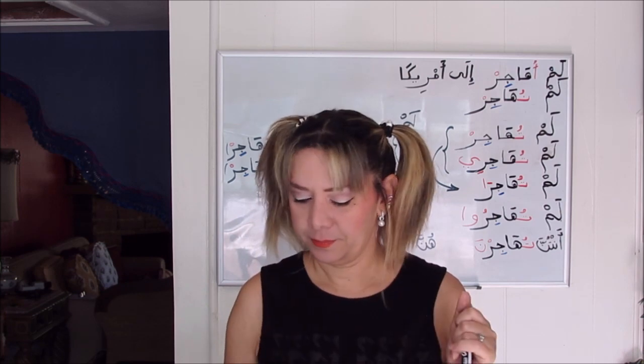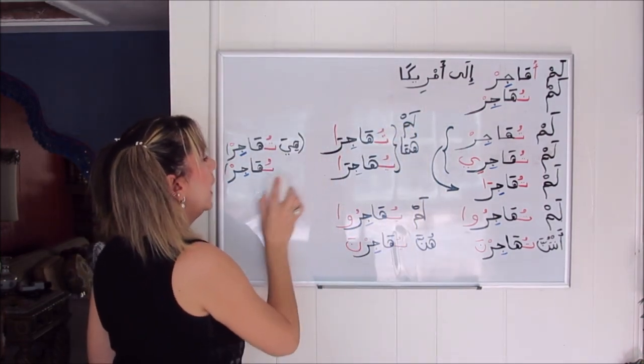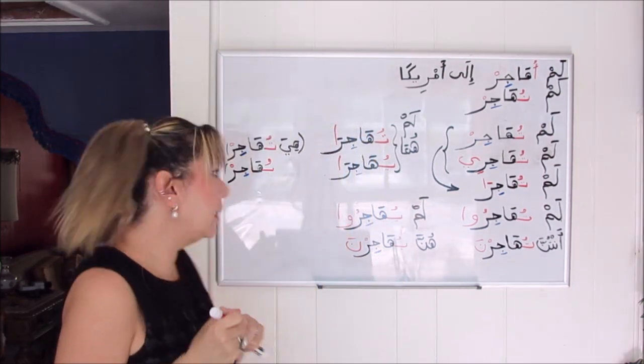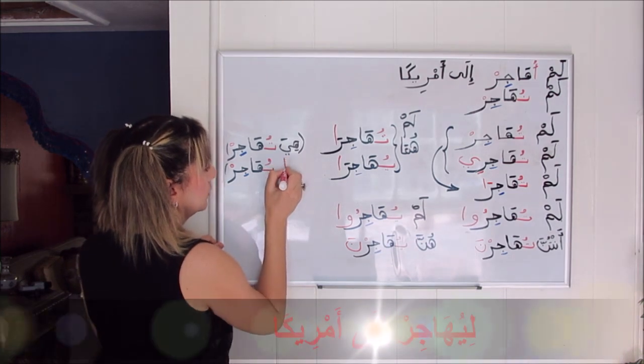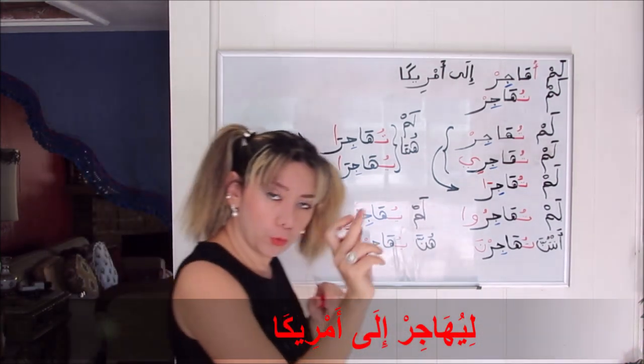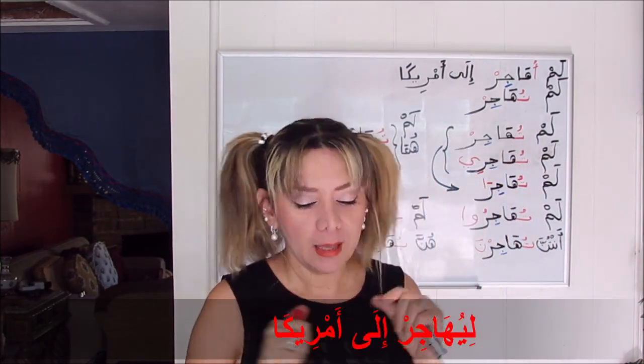For example, here we have يهاجر. I could say ليهاجر, and of course in the jussive mood, ليهاجر إلى أمريكا.